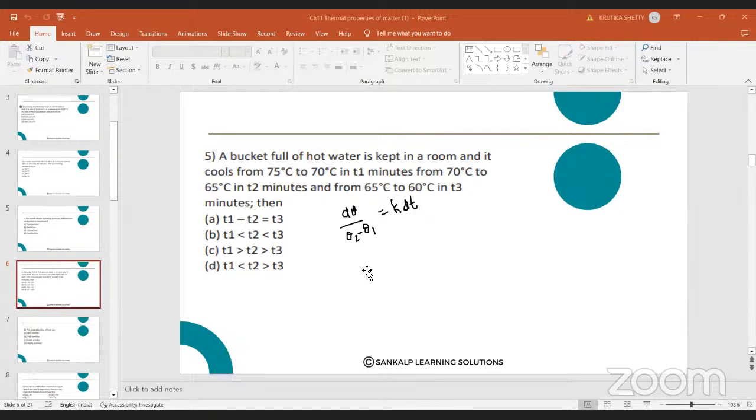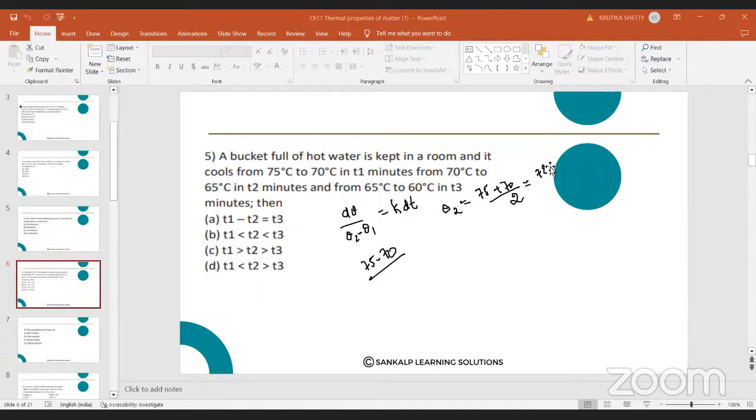That is nothing but 75 minus 70 divided by theta 2. So let us first take theta 2. Theta 2 is given by 75 plus 70 divided by 2.